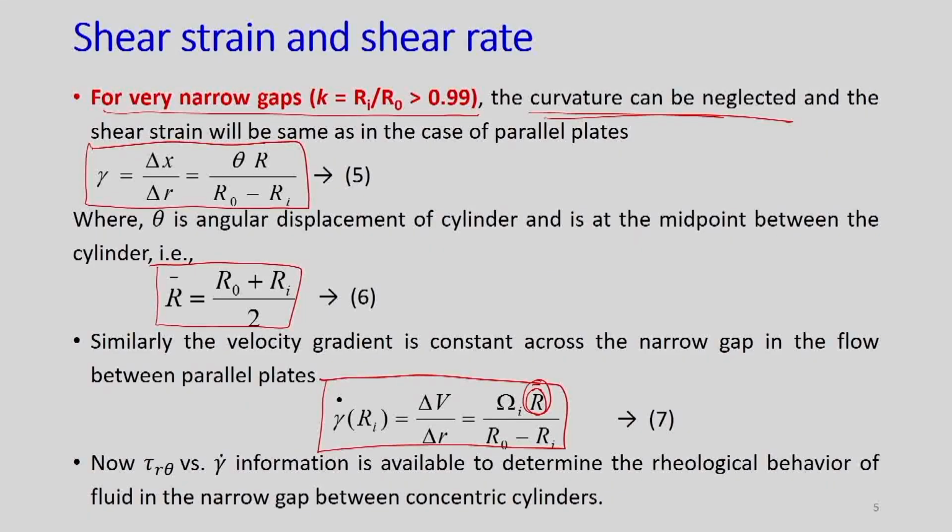So, for the narrow gap range we have the expression for the shear rate. Using this shear rate expression and the previously developed shear stress expression, one can know the rheology of the fluid from the angular velocity and the torque.